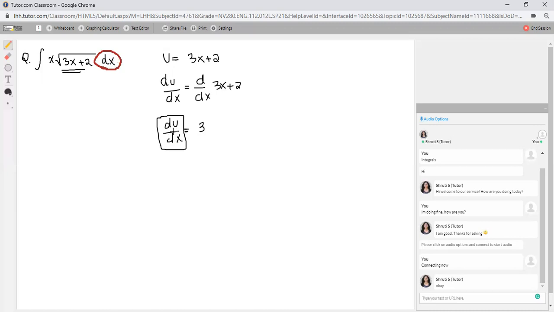Okay. But is substitution going to work here? Yes, because the problem statement tells me to use U substitution. Okay, then let's continue with that only. Sure. So du will equal 3dx, or actually let me divide by 3.